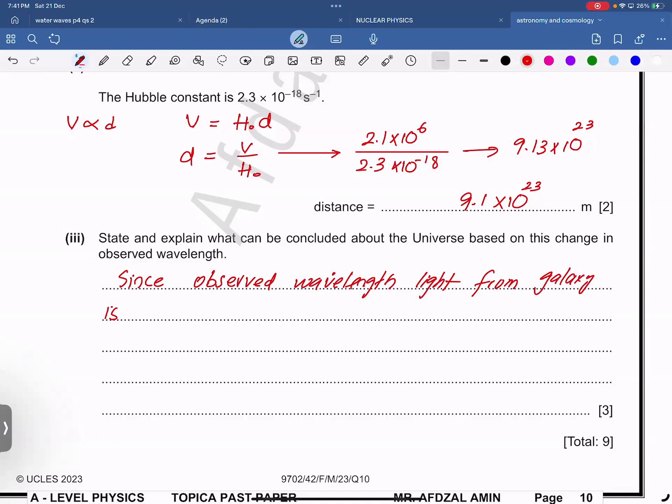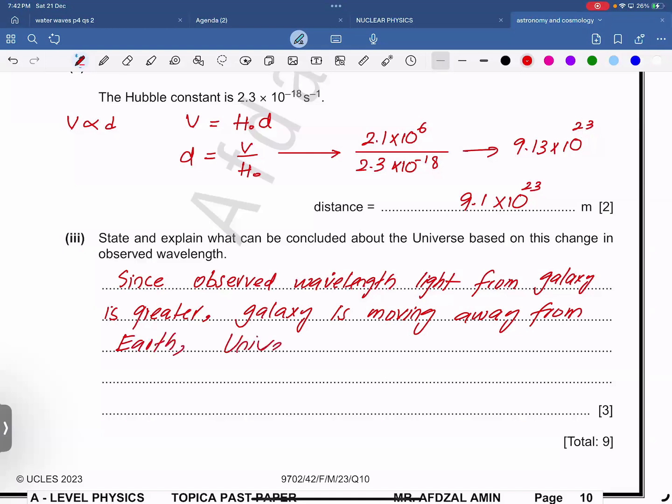Yes, is greater. Increased, yes? This means what? The galaxy is moving away from Earth. Moving away from Earth means the universe is expanding. Very to the point answer.